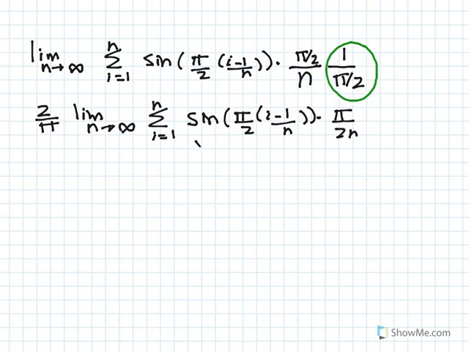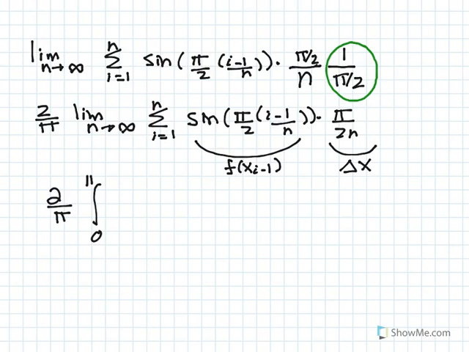Now this here is f of x_{i-1}, and this is the real delta x. So we can now turn it into a definite integral: 2 over pi, integral from 0 to pi over 2, sine x dx.